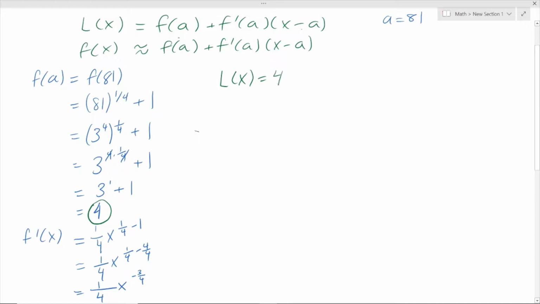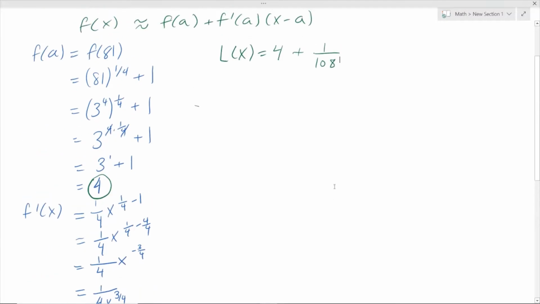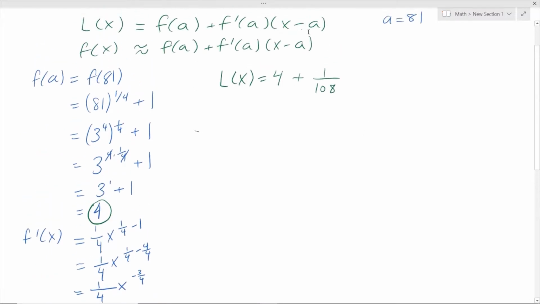We replace this f of a with 4 plus f prime of a, which is 1 over 108, which was shown right here. And then we have to write x minus a. But remember, a is equal to 81, so we're going to write x minus 81 instead.